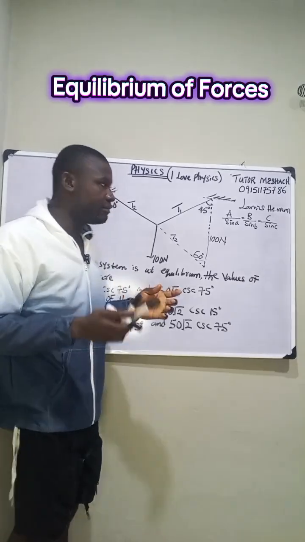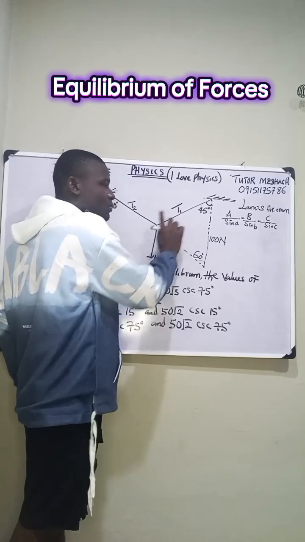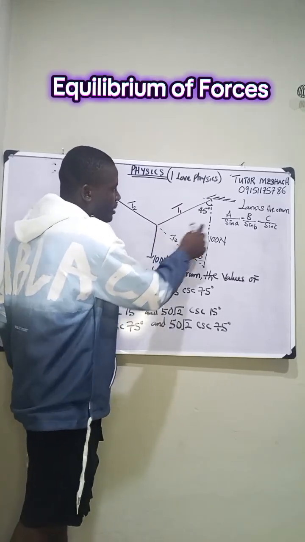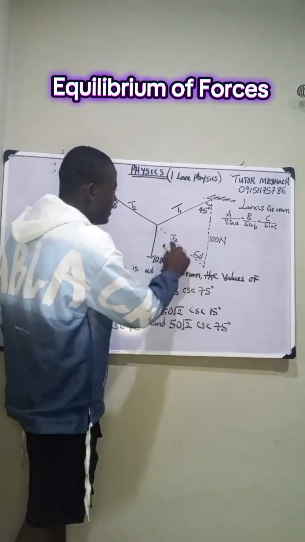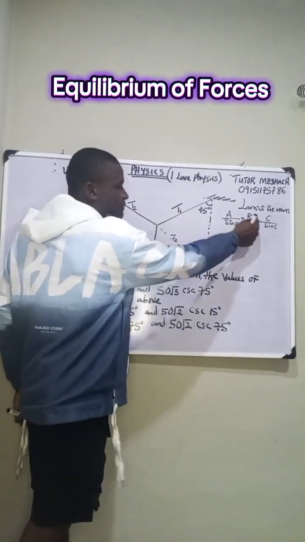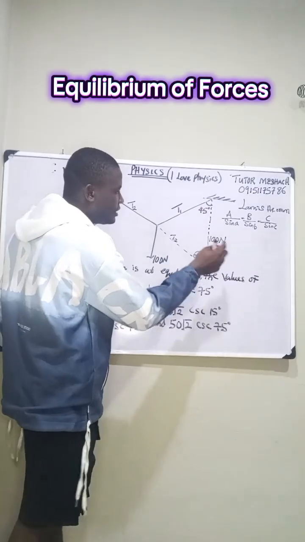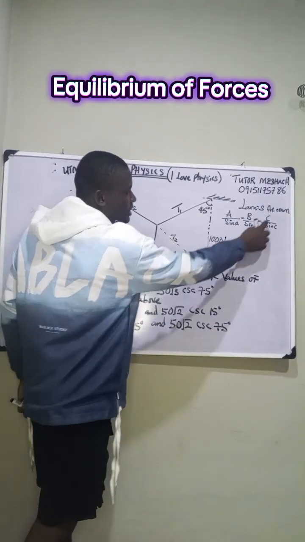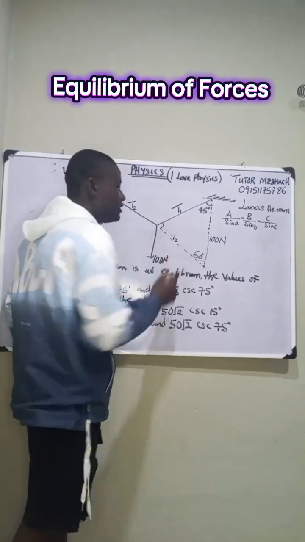Now, in Lami's theorem, A means this T1. If this T1 is A, the small a will be the angle of T1. If this T2 is B, this small b will be this angle. You see it? If this one is C, we don't know what this angle is, but it's very simple.